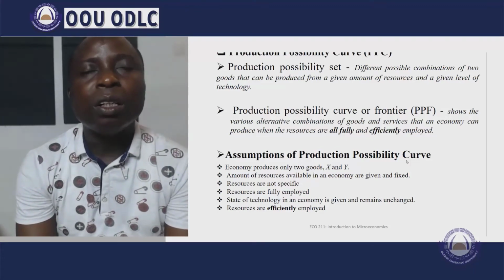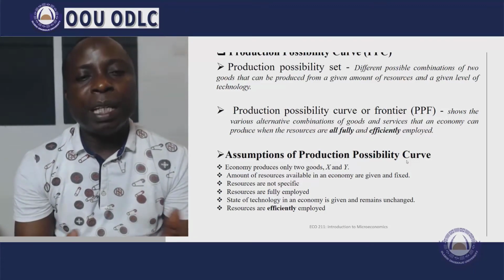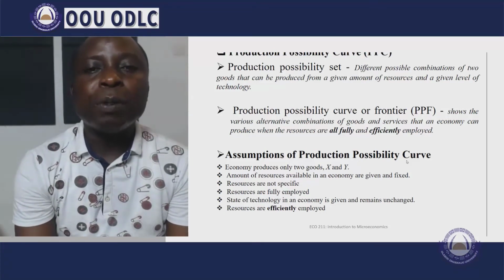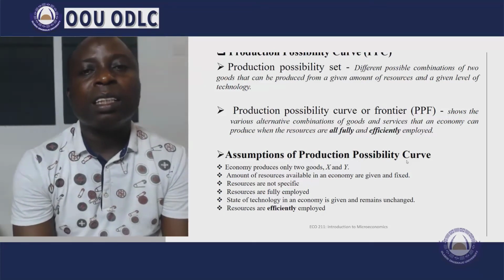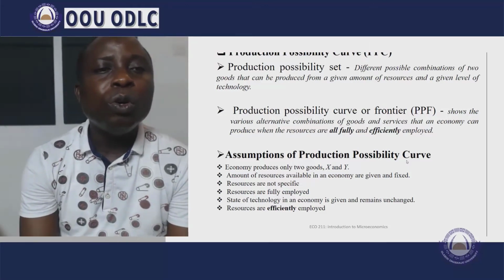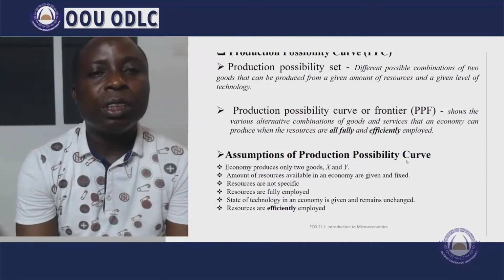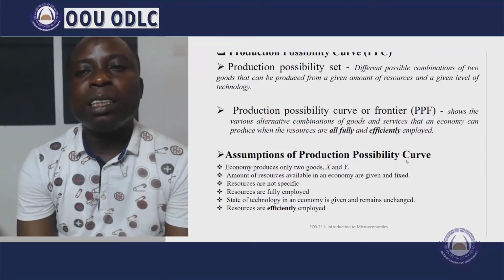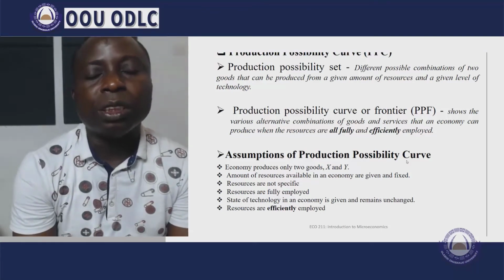And this is done based on the production possibility set. While production possibility set is different possible combinations of two goods that can be produced from a given amount of resources and a given level of technology.